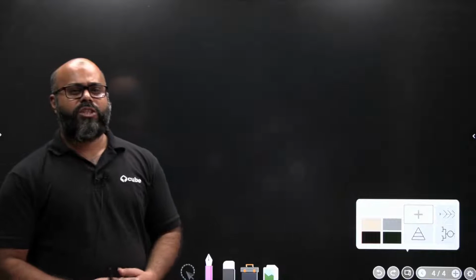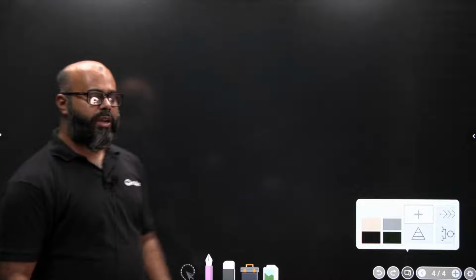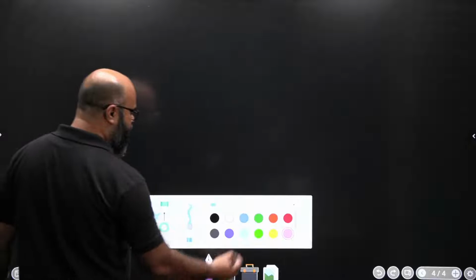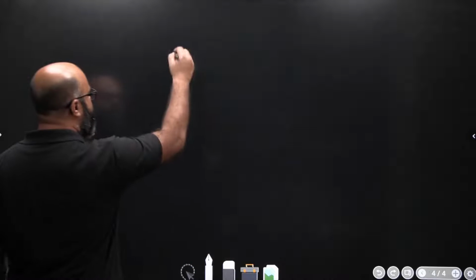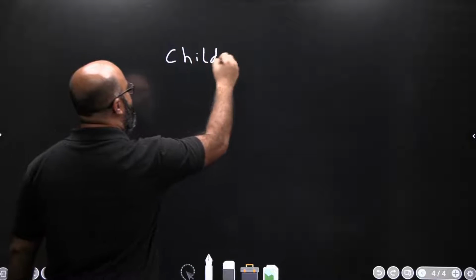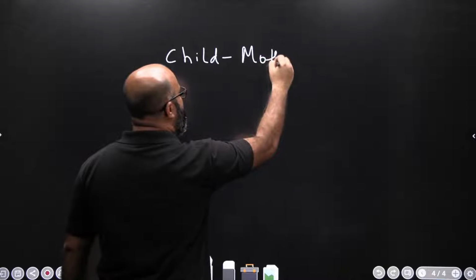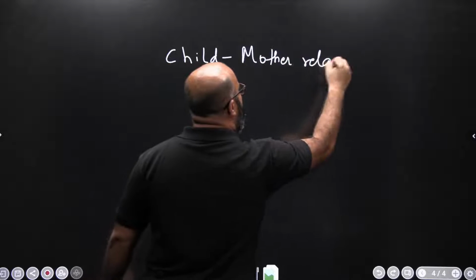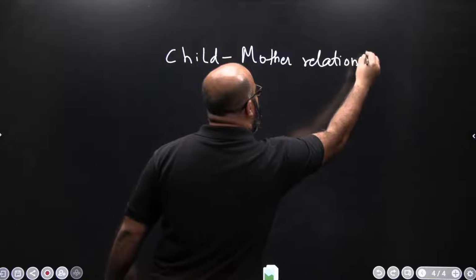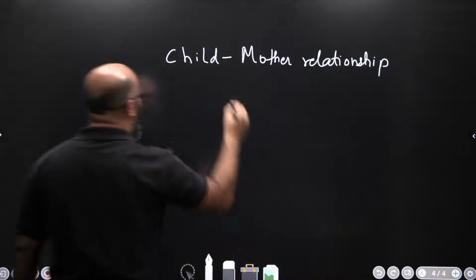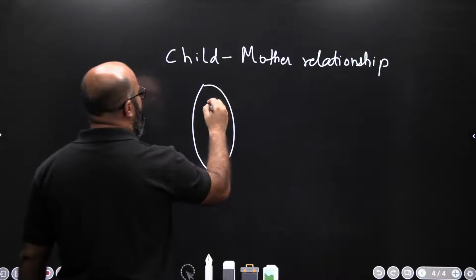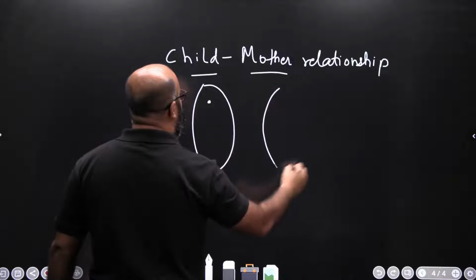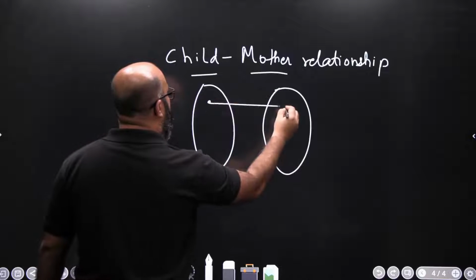Can you tell me what relationship is there which is a function? A very important relationship which is a function is the child mother relationship. That child mother relationship says that for every child there is a unique mother. This is actually true, because if we have a child in set A and mother in set B, then each child has a unique mother.